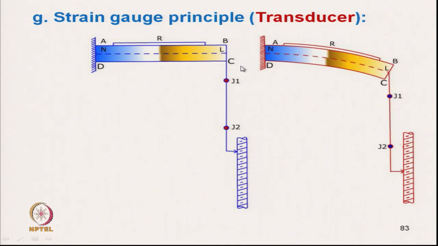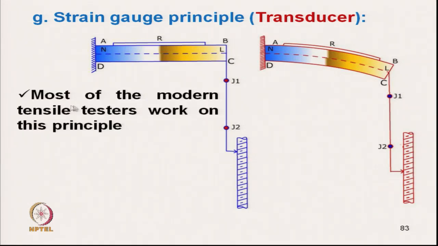So, that is why we can term this principle the CRE principle, because whatever movement is there, it is negligible. Here it is shown, although it is bent, this bending is very negligible. Most modern tensile testing machines work on this principle.